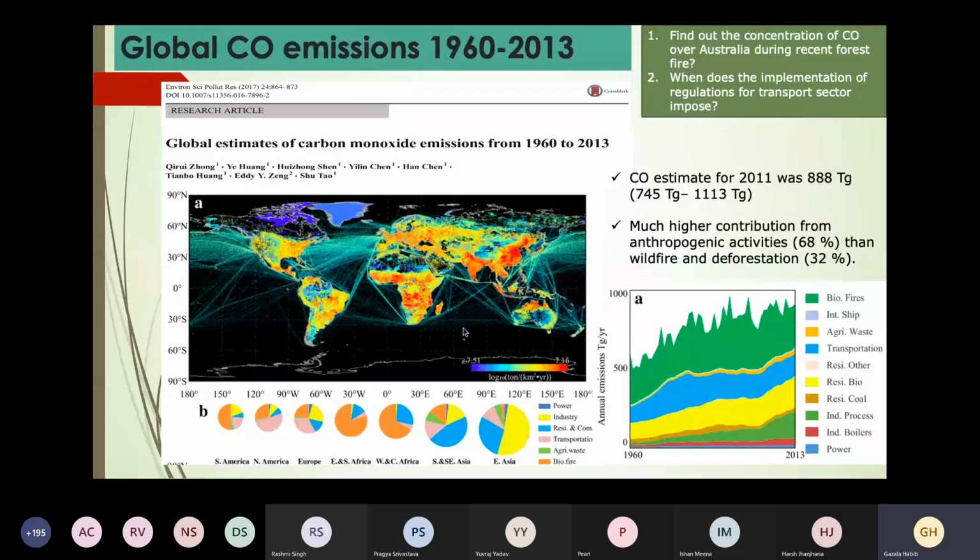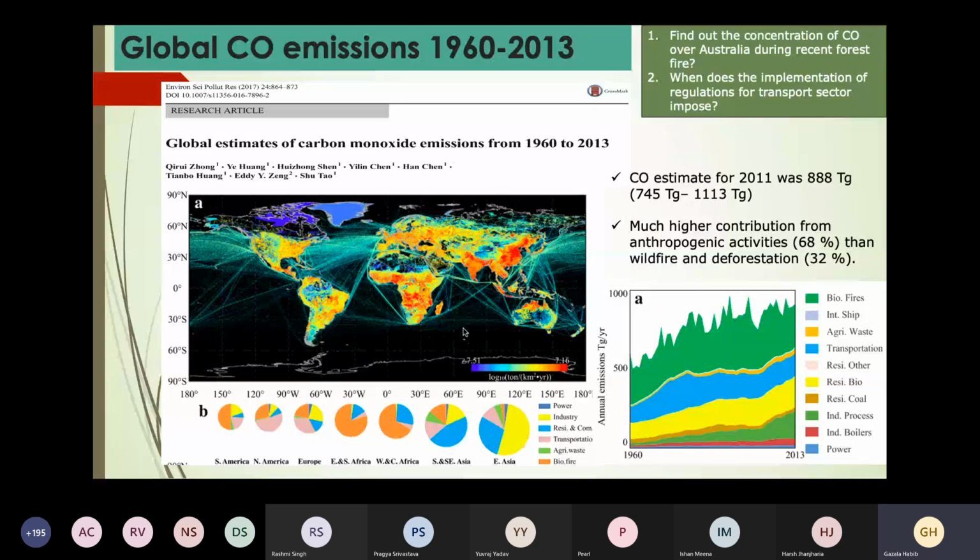Now, what are those anthropogenic activities, how are they emitting, and how much are they emitting CO? Here you can see on the bottom of this same figure, we will go from right to left, which is East Asia to South America. Just see the legend. Yellow is industry, bright blue is residential and commercial sector, pink is transportation sector, green is agricultural, and orange is biofire.